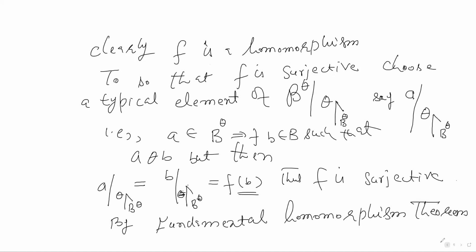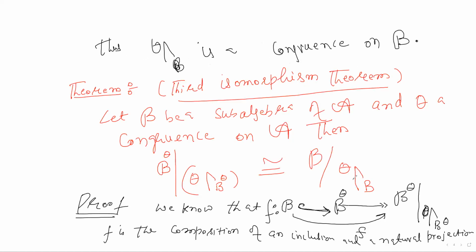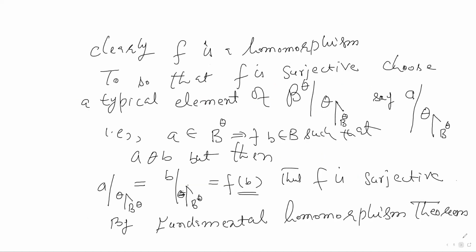Now if I show that the kernel of F is this theta restricted on B, then my job is done. Now let us see what is the kernel of F.